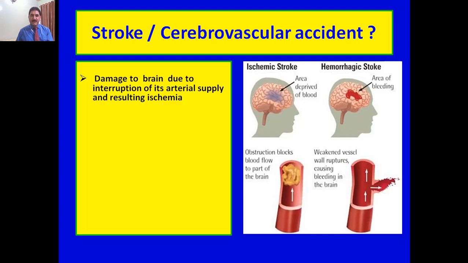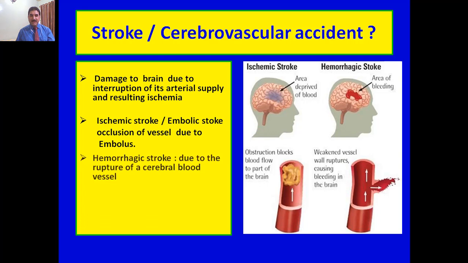Stroke is defined as damage to the brain due to interruption of its arterial supply, and it is also called the cerebrovascular accident. Strokes are of two types: ischemic stroke or embolic stroke. This type of stroke is caused by occlusion of a blood vessel by embolus. The second type of stroke is hemorrhagic stroke.